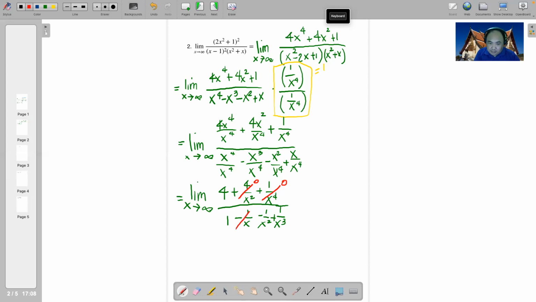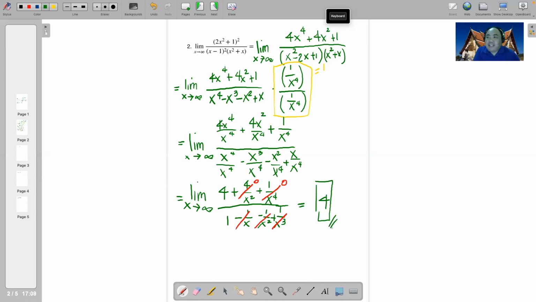And likewise. So finally, we get the limit of the original function is just 4, as x approaches infinity.